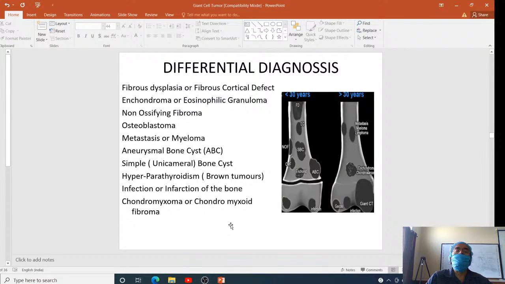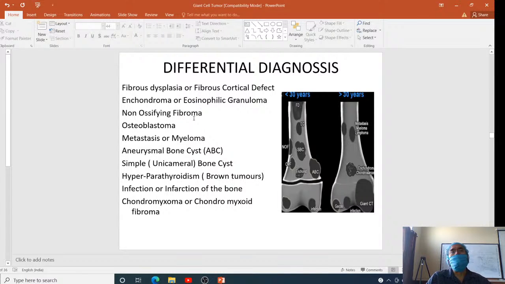It could be a fibrous dysplasia or fibrous cortical defect, or it could be an enchondroma or eosinophilic granuloma. All these, as I keep telling you, have an osteolytic appearance, and there may be a non-ossifying fibroma.